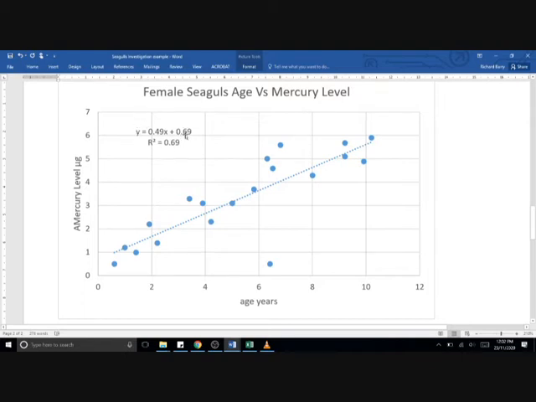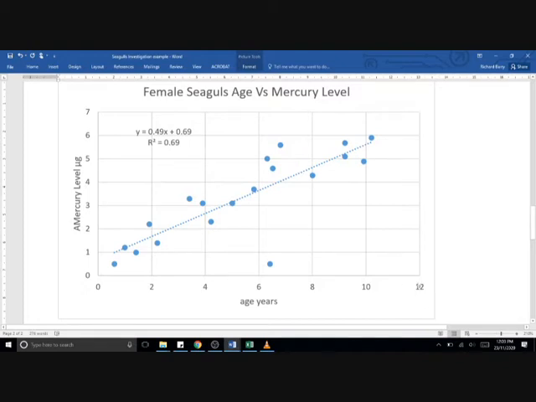For instance, what would be a good guess, what would I expect for a female seagull aged 12 years? Well, if this line kept going through to 12, we would say it would be somewhere between 6 and 7.